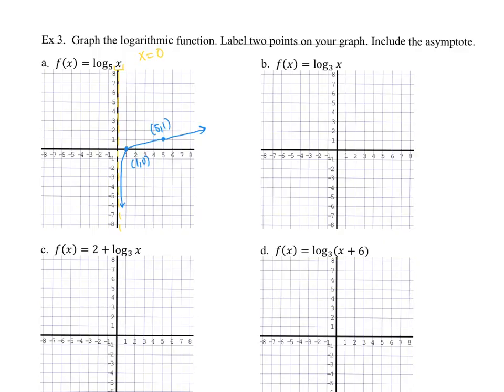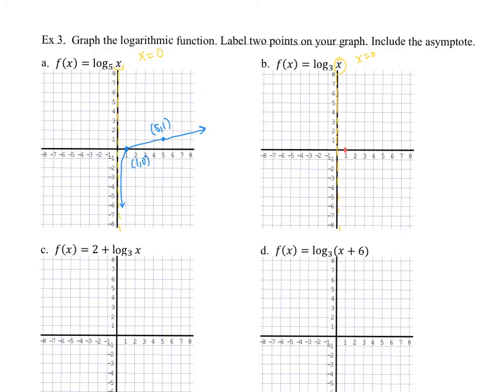Okay, for b, it's log base 3 of x. Again, there was no translation, so the asymptote does stay at x equals 0. I'm going to go ahead and start with that. It gives me an idea of how to do my graph. Easy points, I'm going to plug in x as 1. The log base 3 of 1 is 0. So 1, 0 is on my graph.